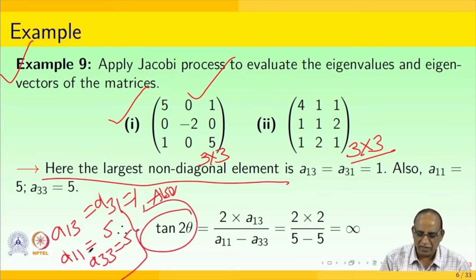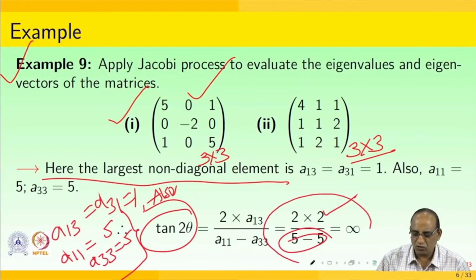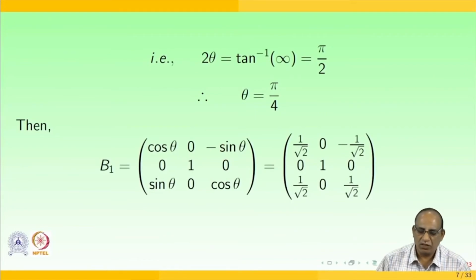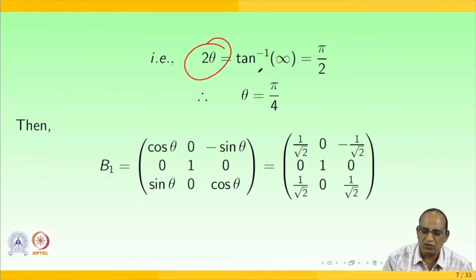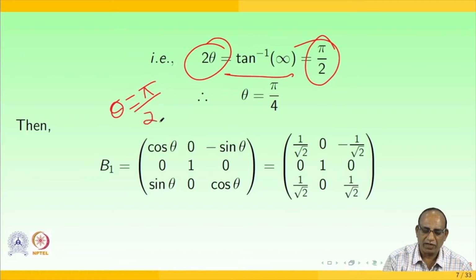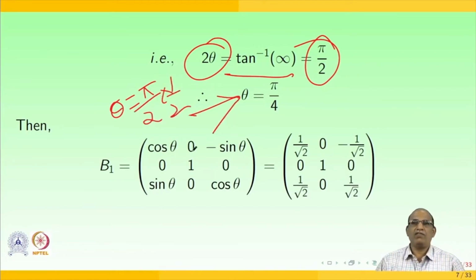And tan 2 theta is 2 into A13 upon A11 minus A33, that is 2 into 1 upon 0, so this goes to infinity. That means 2 theta is equal to tan inverse of infinity, which we know very well is pi by 2. So obviously theta will be pi by 2 times 1 over 2, which happens to be pi by 4.